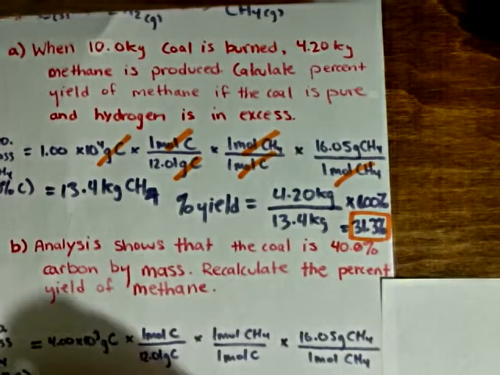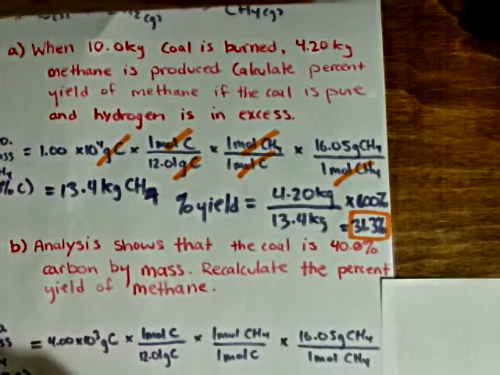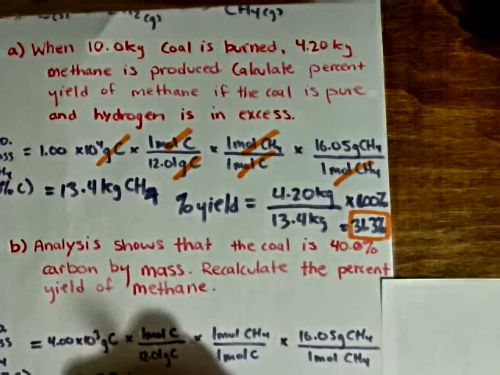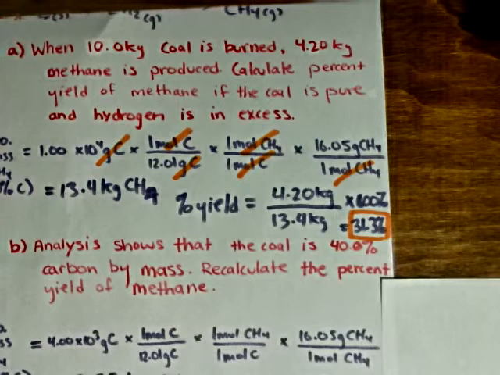And if we do that calculation, we end up with 5.35 kilograms of methane that would be produced from 4,000 or 4 kilograms of carbon.